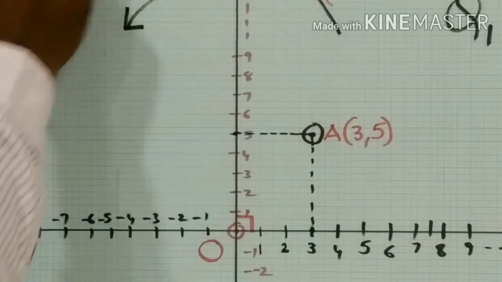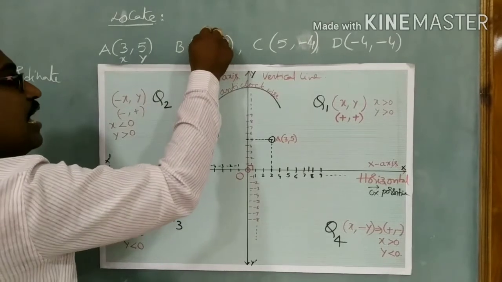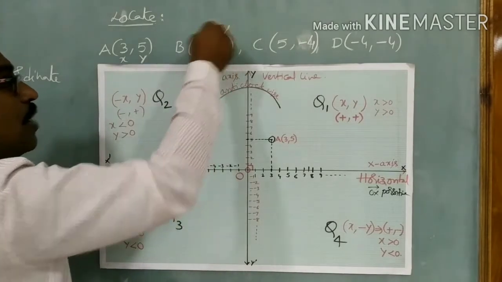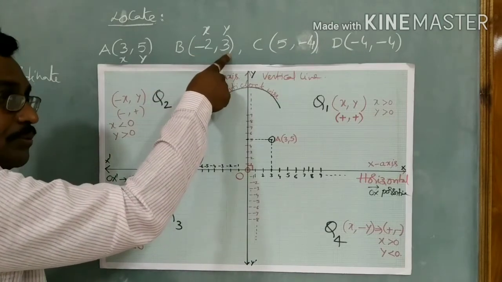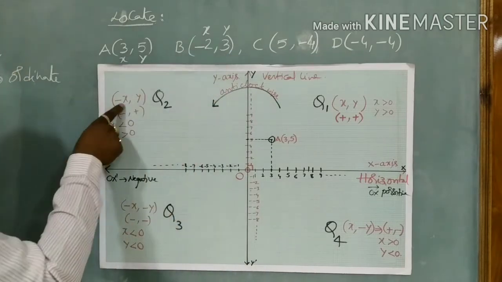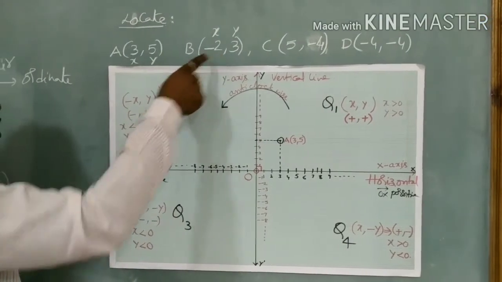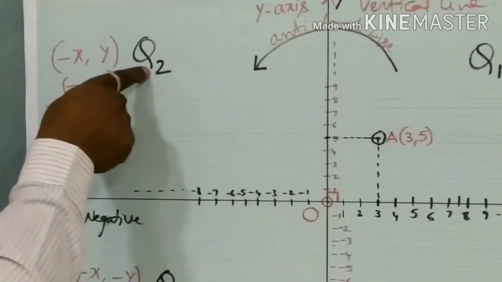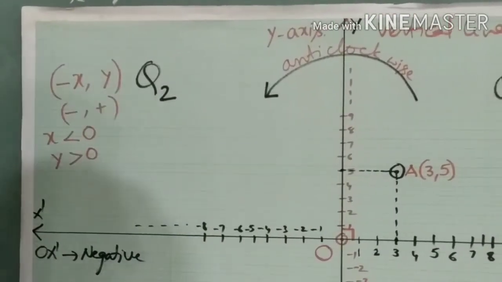Suppose one more point, (minus 2, 3). So you can see x is minus 2, y is 3. X is negative, y is positive. Then this point B will lie in the second quadrant. So where is minus 2 here?